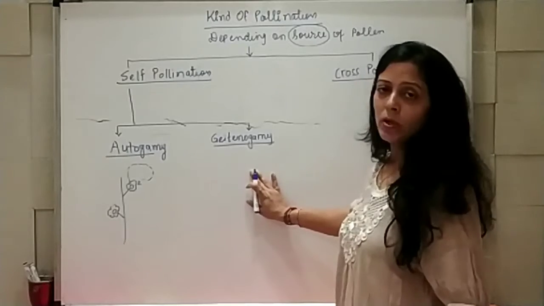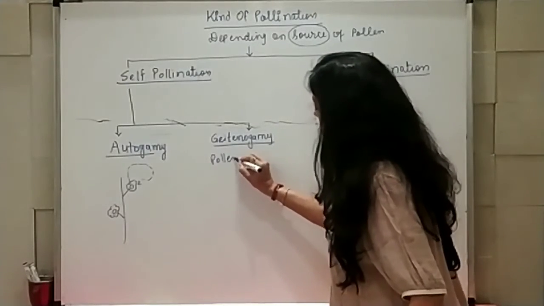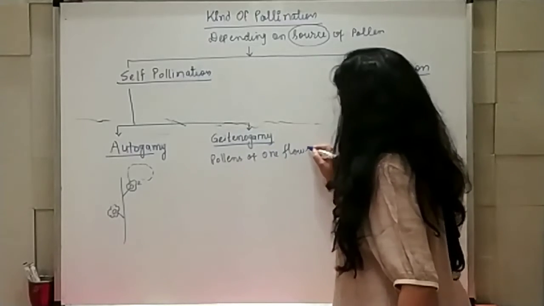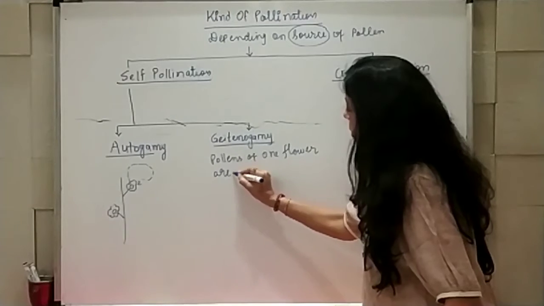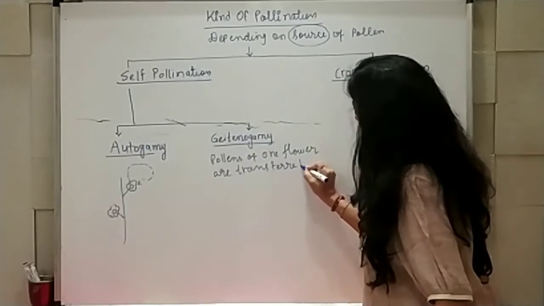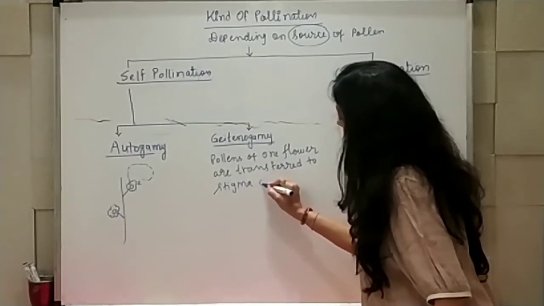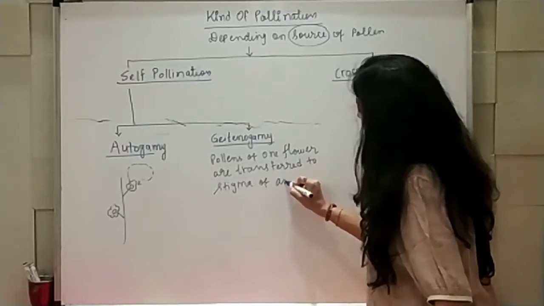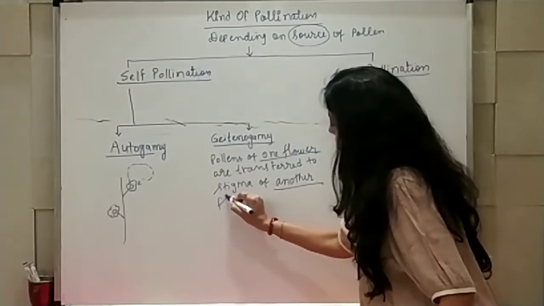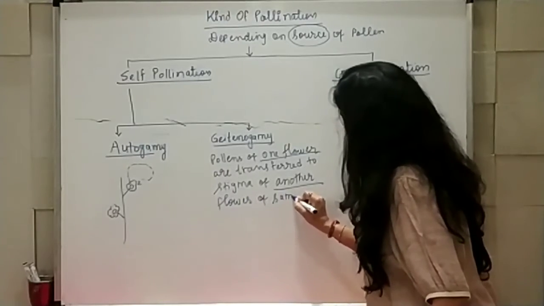Now we are moving on to geitonogamy, where pollens of one flower are transferred to the stigma of another flower of the same plant.